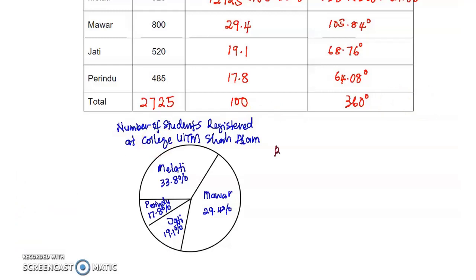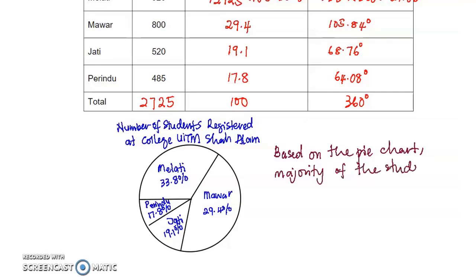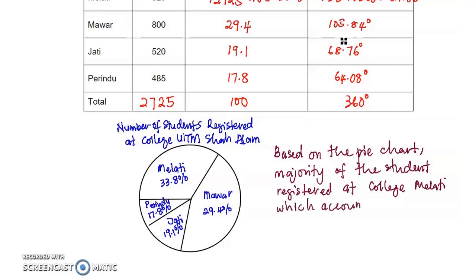Based on the pie chart, the majority of the students registered at College Melati, which accounted for 33.8%.